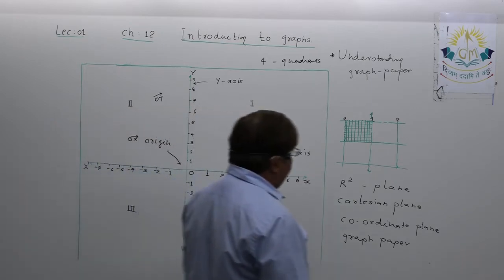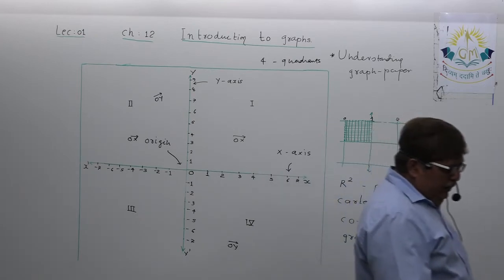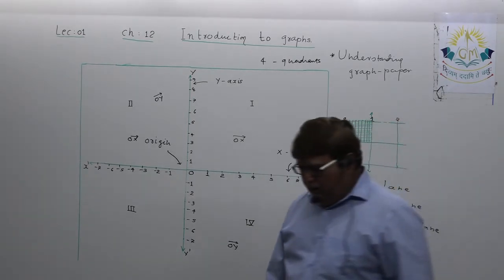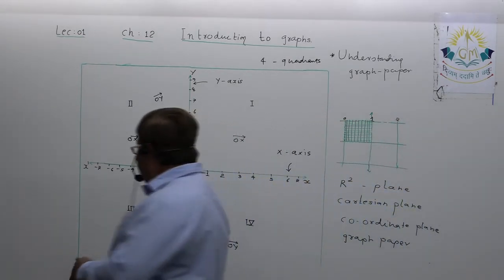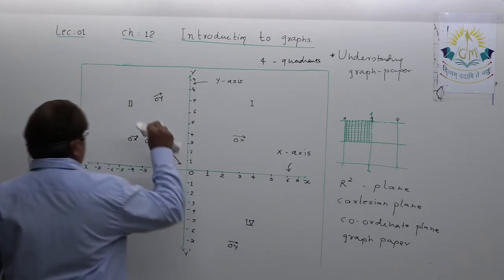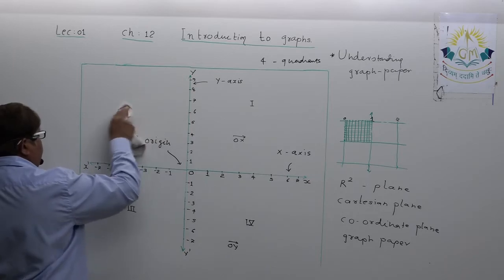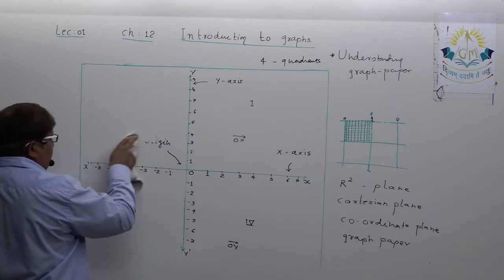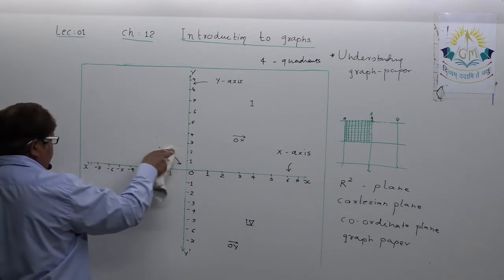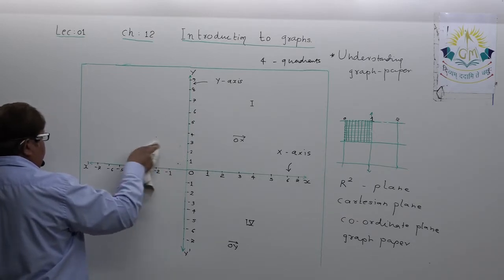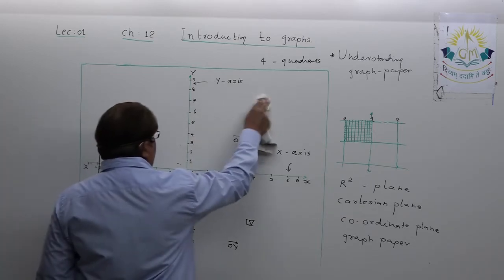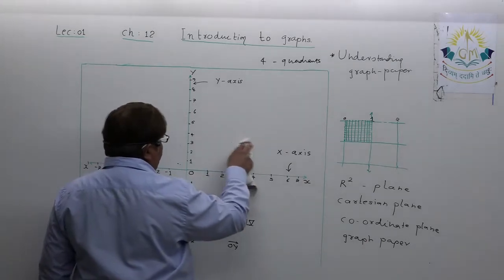This is important. I am just erasing this. Now you all know about the axes and quadrants. So I'm just erasing only these particular words. If you want to erase, you can do so, but with pencil only.